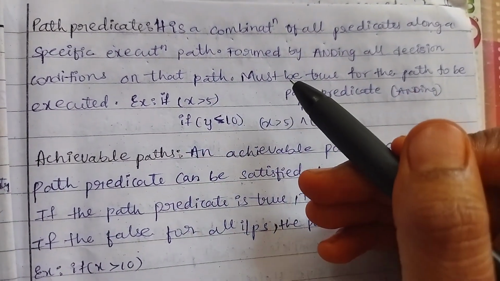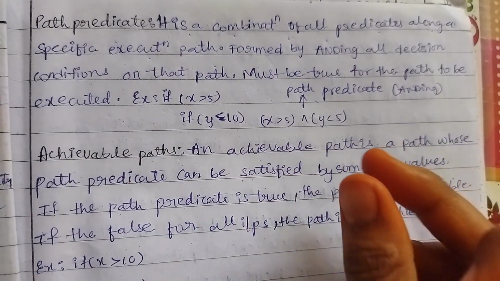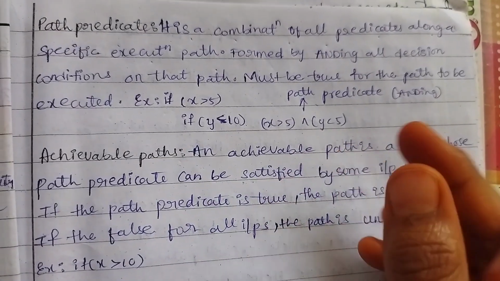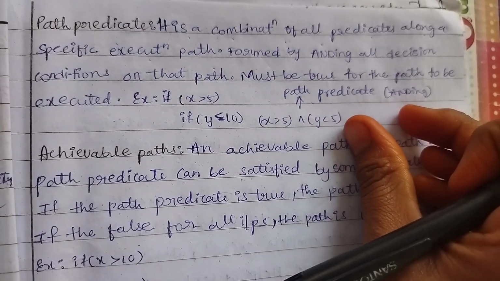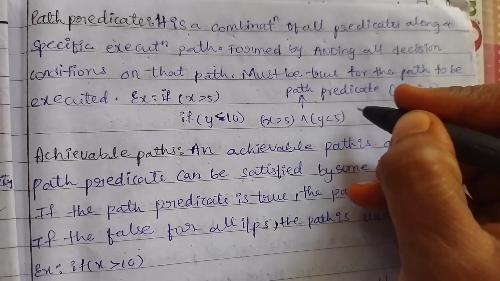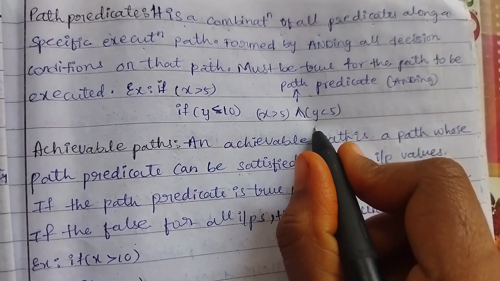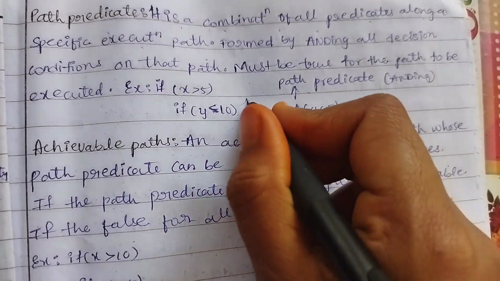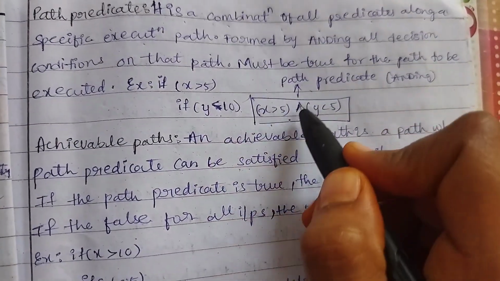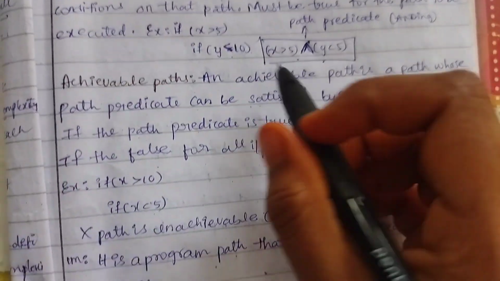It is like taking two if conditions and combining them with AND. These are two if statements, and combining them is known as a path predicate.